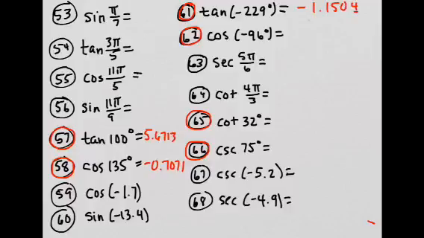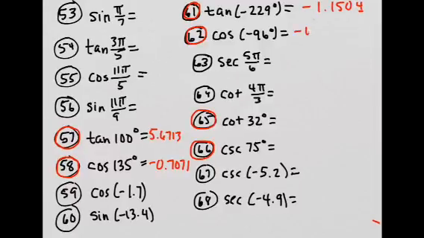And the cosine of negative 96 degrees, that's negative 0.1045. Okay, again, just straight put it in the calculator.